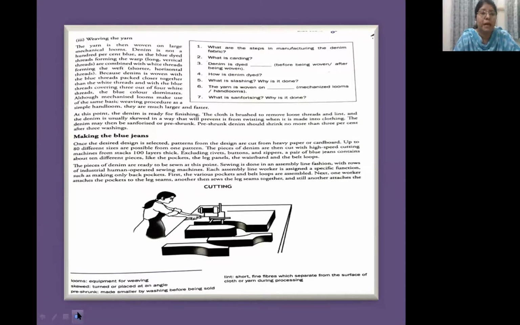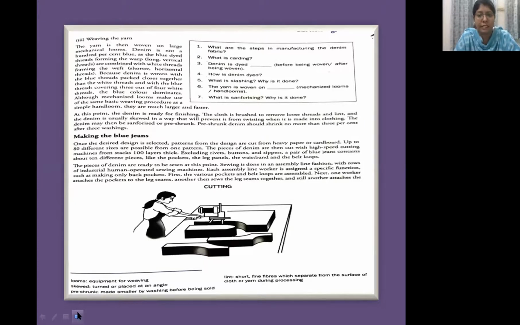Although mechanized looms make use of the same basic weaving procedure as a simple hand loom, they are much larger and faster.